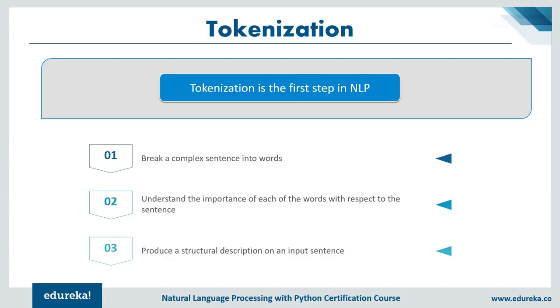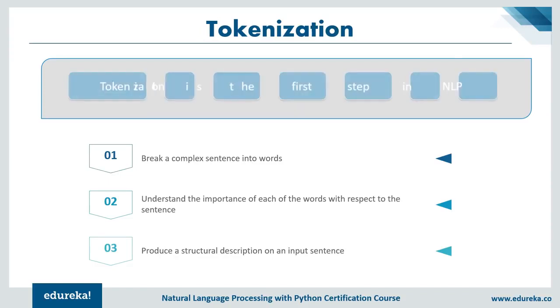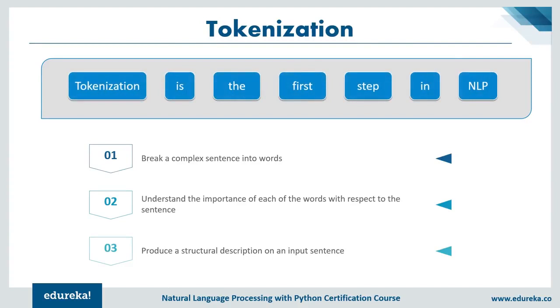If we have a look at the example here, considering this sentence, tokenization is the first step in NLP. Now when we divide it into tokens, as you can see here, we have 1, 2, 3, 4, 5, 6, and 7 tokens. NLTK also allows you to tokenize phrases containing more than one word.